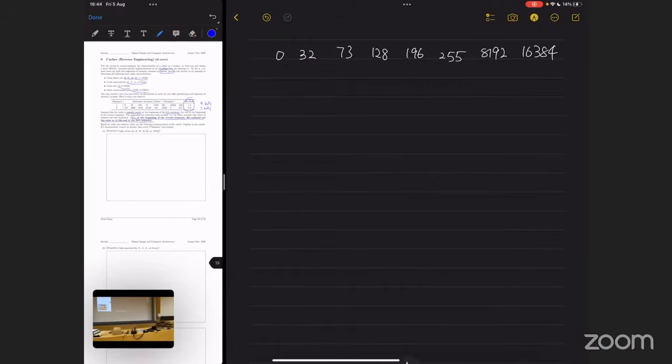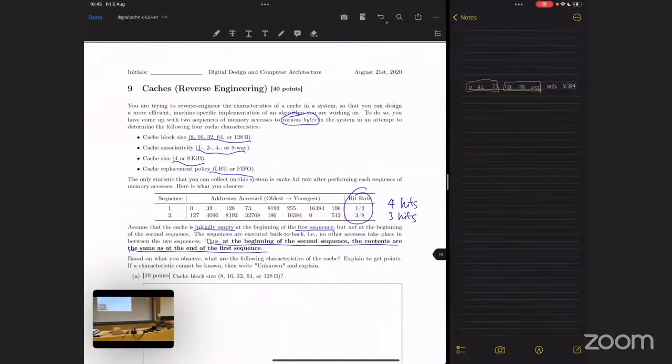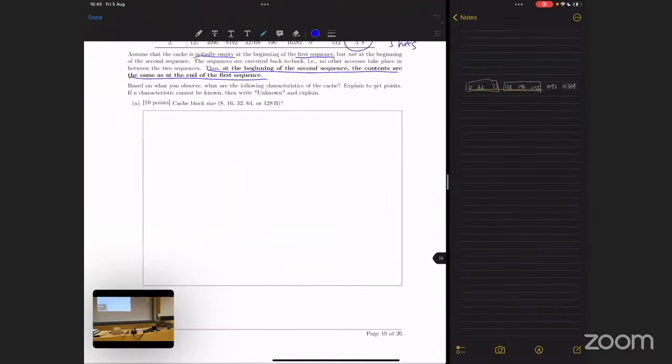Let's also verify that. For that, we would have a hit here, a hit here. So that's 1, 2, 3, 4 hits. So the cache block size would be 128 bytes.